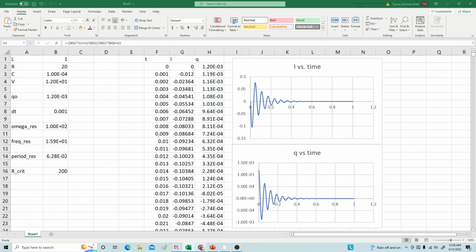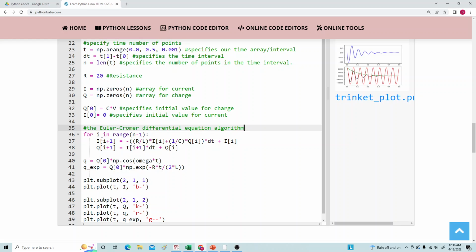So that is what this term is right here. This is the algorithm for that.